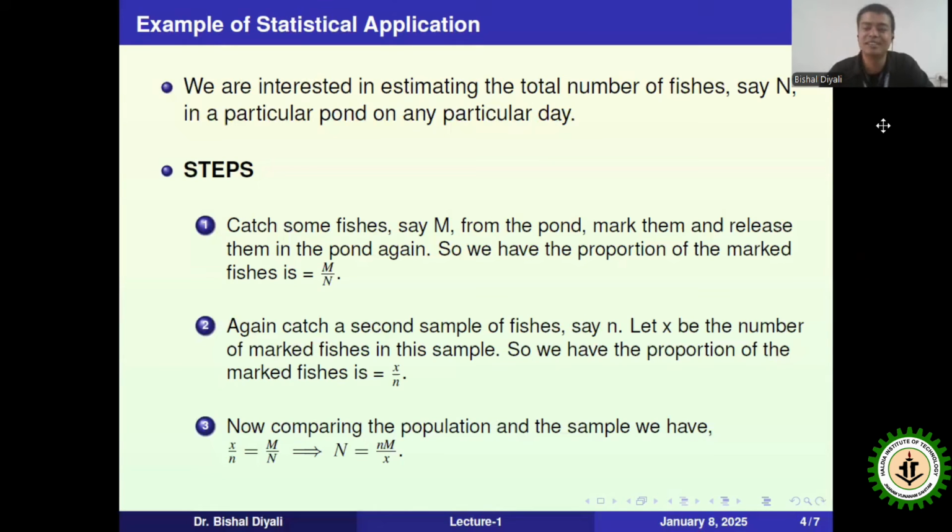There can be so many things about the population that we want to know. The only way to know about them is to do the complete study of the population, which is impossible, or study a certain section of the population as a sample and try to infer for the population.